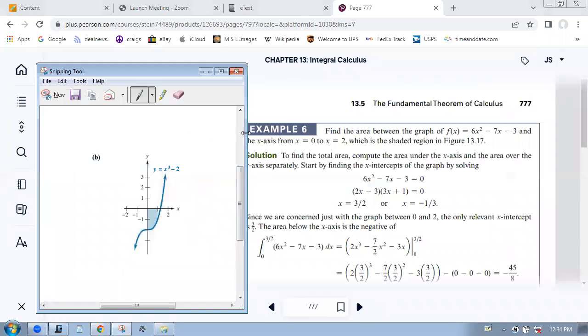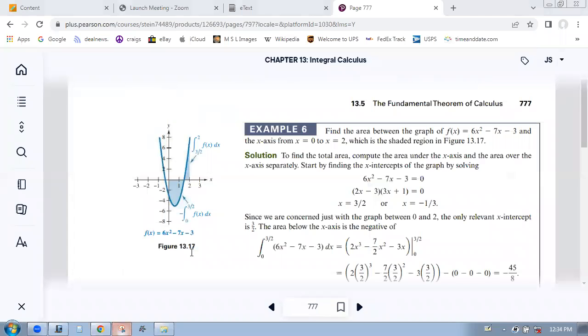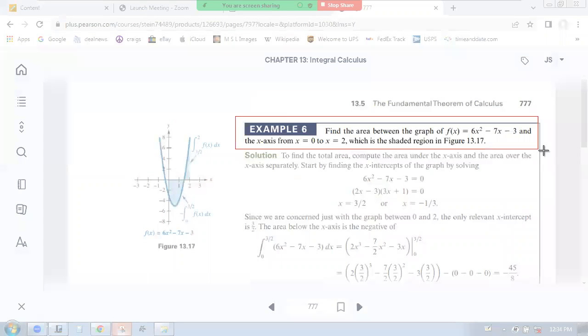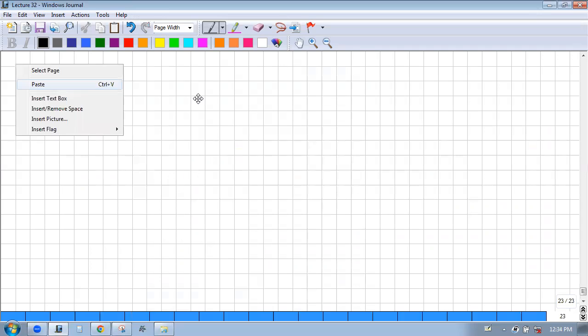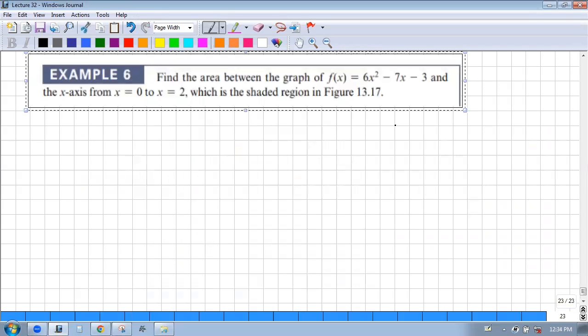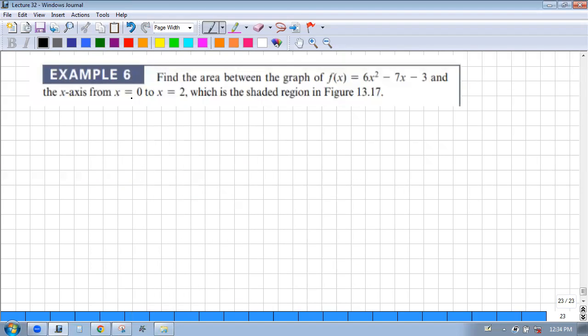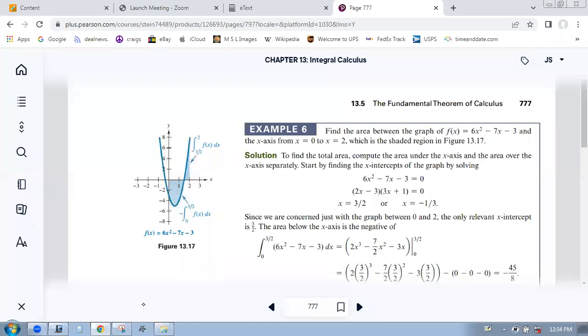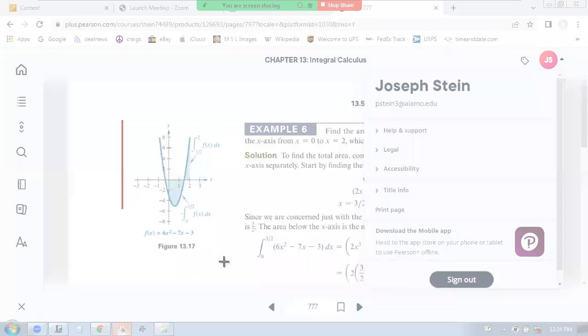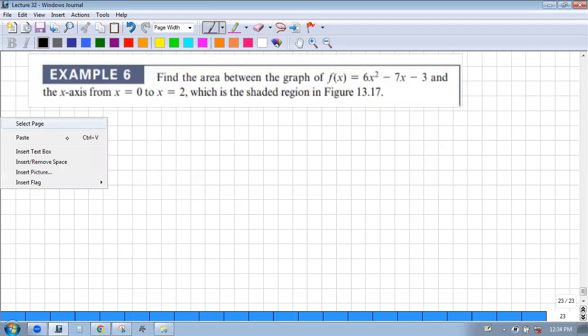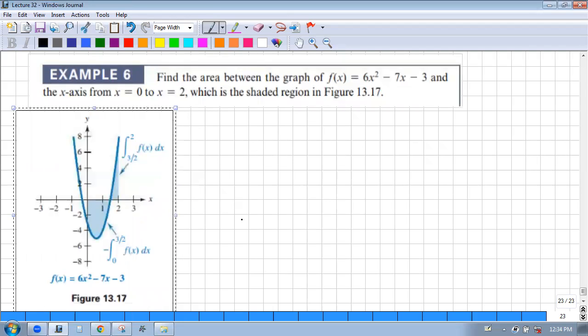All right, example 6. So this one's fun. Find the area between the graph and the x-axis. Well, if we look at a picture of the graph here, you can see that part of it is below the x-axis and part of it is above. Okay, so what we need to do is break this into 2 pieces.